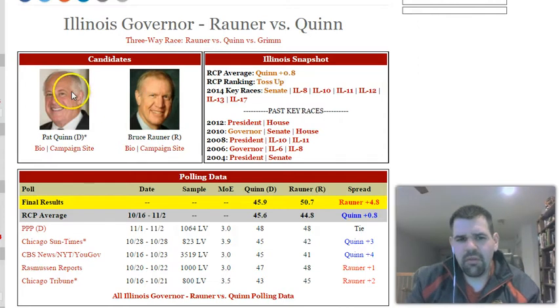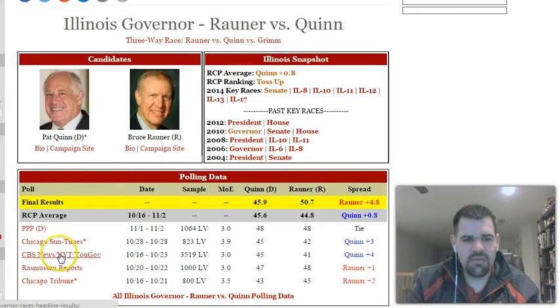Also, political parties often keep these internal polls to themselves so as not to give their opponents an advantage. So most of the time we see polls done by different news organizations or political groups such as Gallup, in this case the Chicago Tribune, CBS, Chicago Sun-Times, and whatnot.